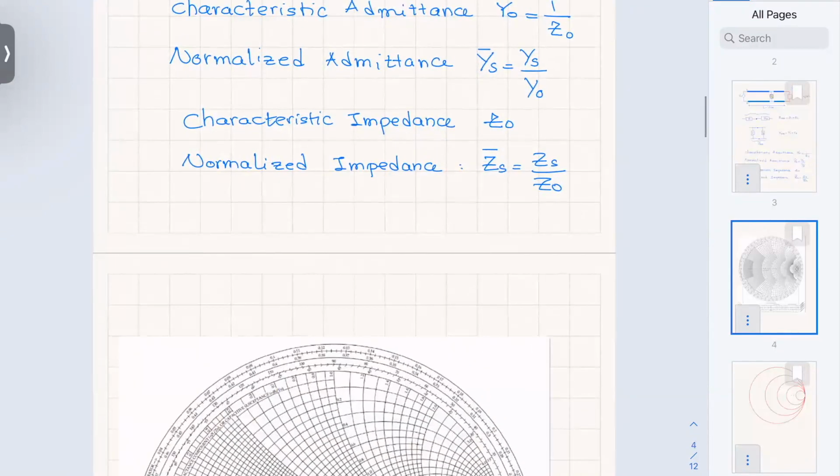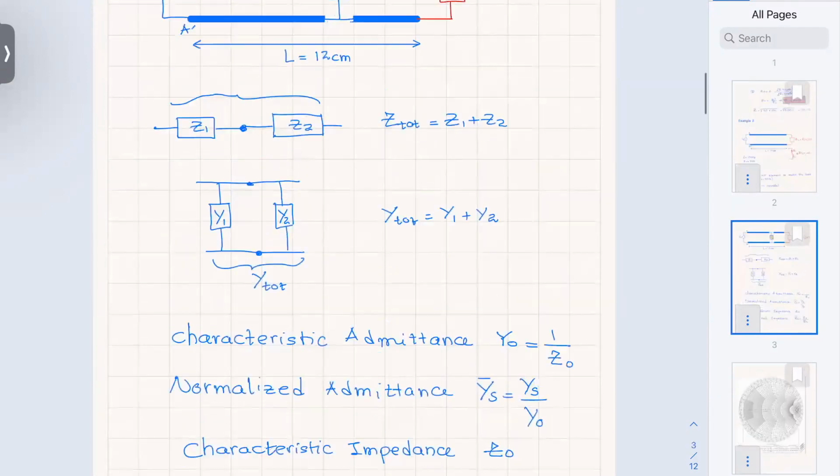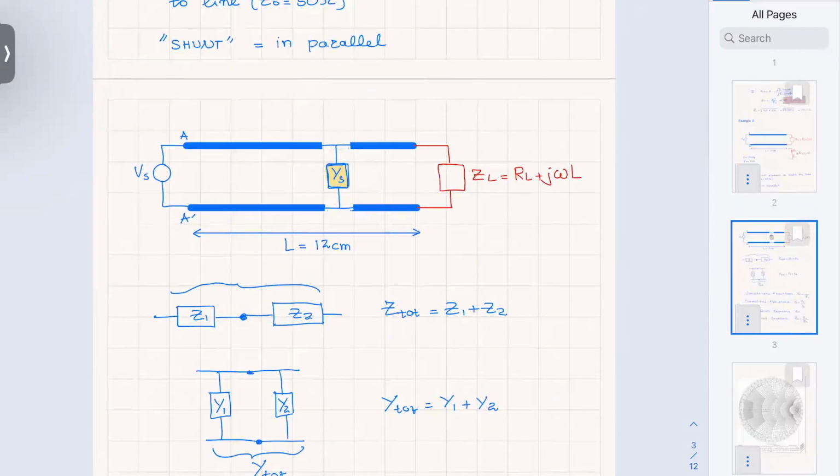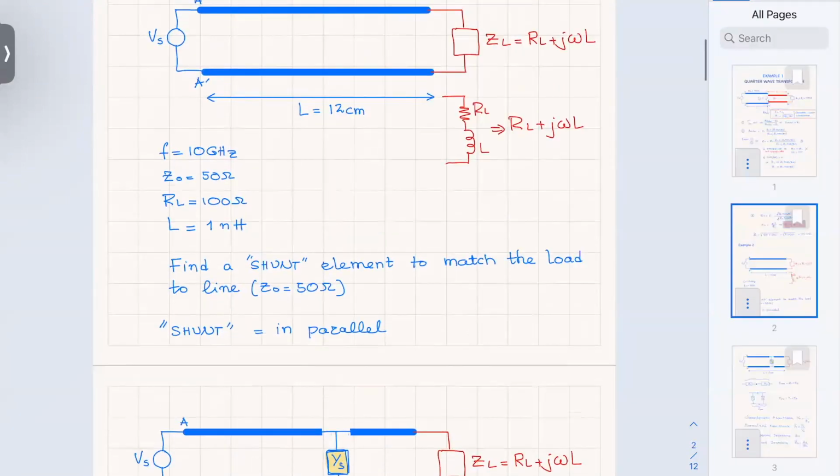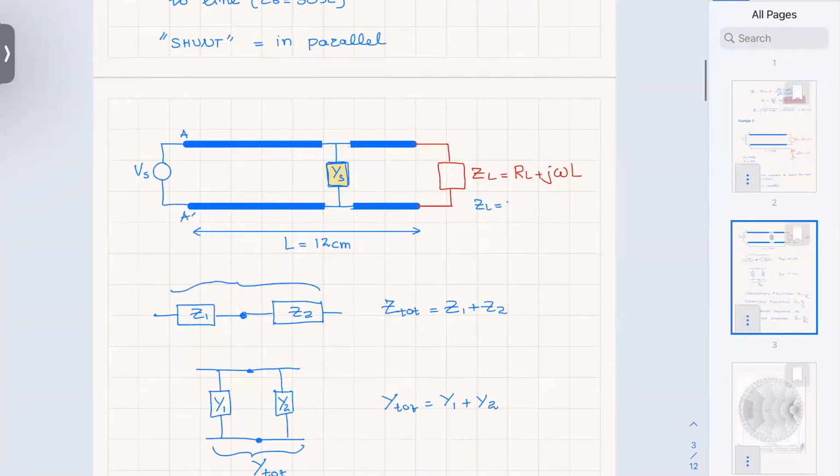So what is the next thing I have to do? I have an impedance, ZL. I know that ZL, what did I say, is RL, 100, plus j2πfL.